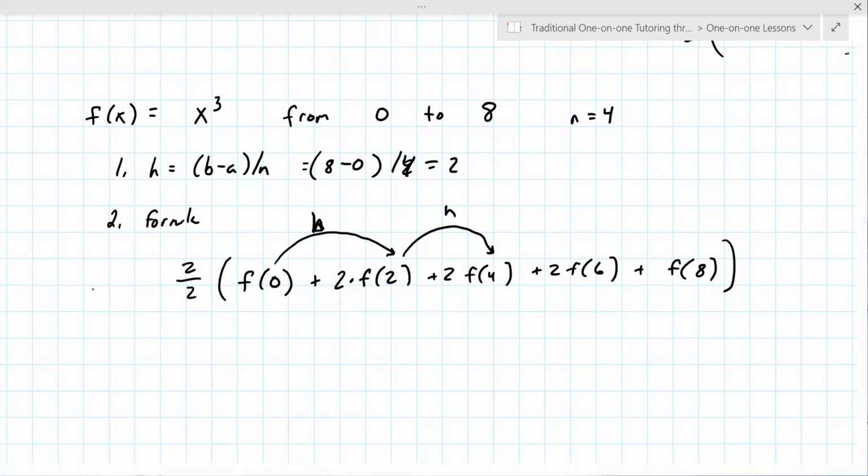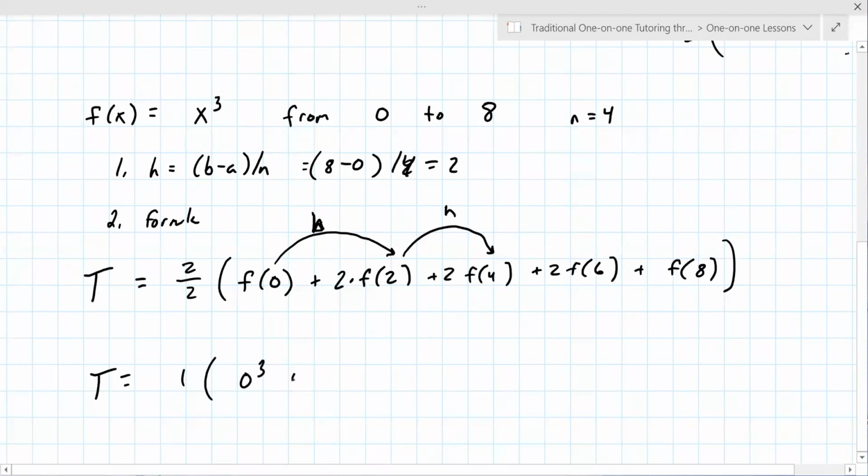So this is your 1. It's 0 cubed plus 2 times 2 cubed plus 2 times 4 cubed plus 2 times 6 cubed plus 8 cubed.